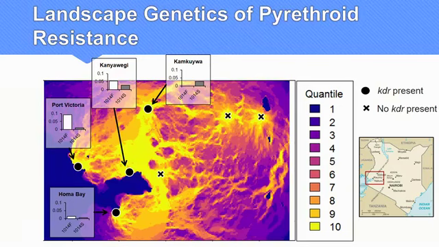You can see that we detected both KDR 1014S and 1014F mutations in our study sites, and that KDR was mostly restricted to the westernmost sites in Kenya. And the last thing I want to point out is that the sites where KDR was detected are largely connected by the landscape.